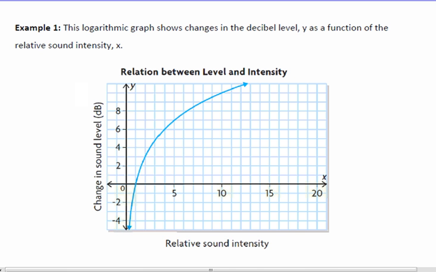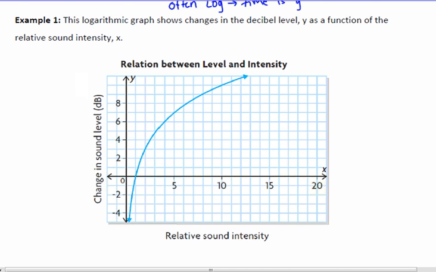Now, this is an example where it's not, but when you come across these applications, often in a log, time is y. So you really have to read the question, because remember, y is always a function of x. We have to see who's a function of who. You have to really read the problem to see who's your y and who's your x.